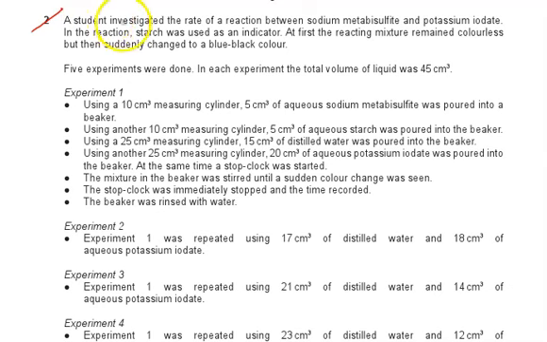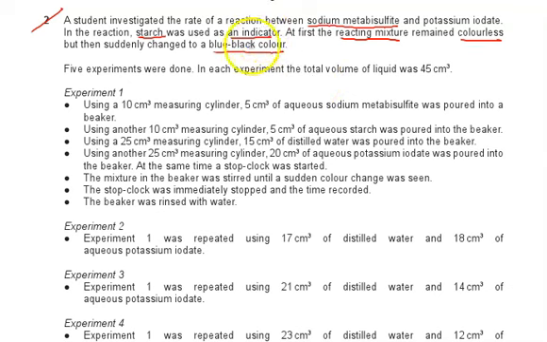Okay, number 2, a student investigates the rate of reaction between sodium metabisulfite and potassium iodide. In the reaction, starch was used as an indicator. At first, the reacting mixture remained colorless, but then suddenly changed to a blue-black color.